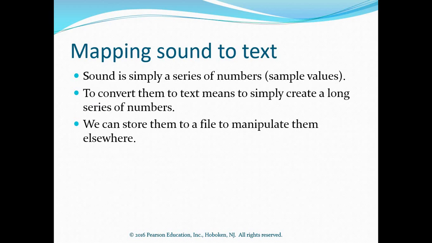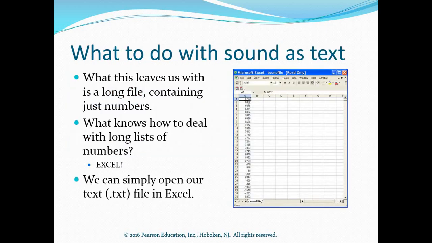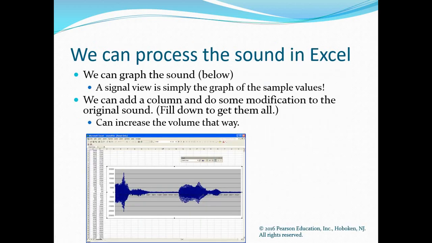The text becomes numbers because this is how a computer interprets it, as encodings. Try this code to turn sound to text. You can open the numbers, which may represent decibels here, using Excel. We can then graph our numbers to show us a sound wave, as seen here.